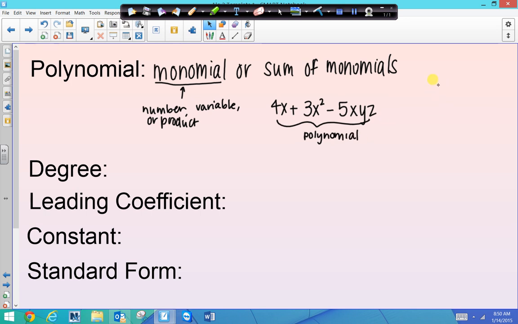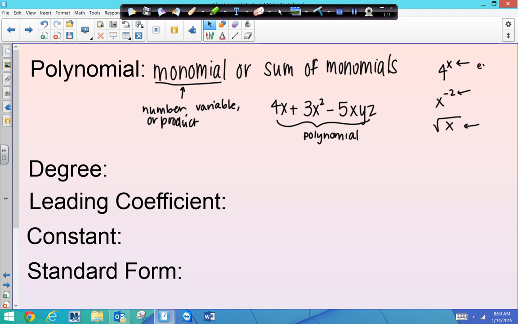Things that are not a polynomial would be something like 4 to the x. When that x is in the exponent, that's where you have a problem. You also cannot have something like x to the negative 2. We can't have that. You also can't have something like the square root of x. X cannot be a radicand.